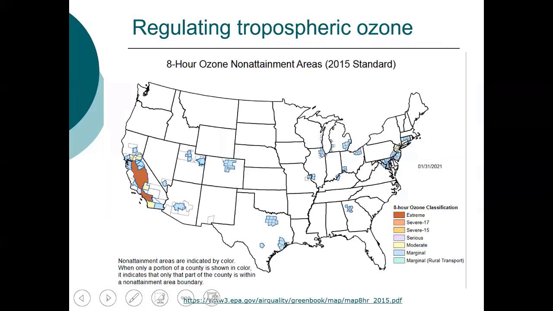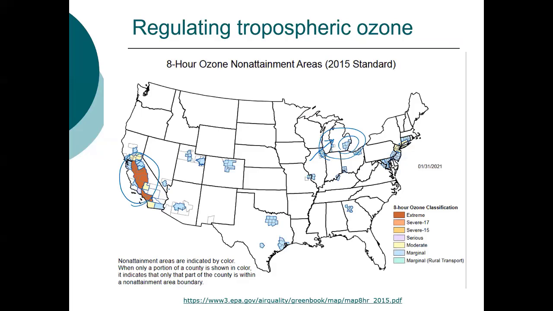The attainment and non-attainment areas in the US are shown here. This is based on the 2015 standard. You can see there are a number of areas in Michigan, mainly on the western regions. Predominantly, this is because of pollution from Illinois and Indiana. And then we have Detroit.